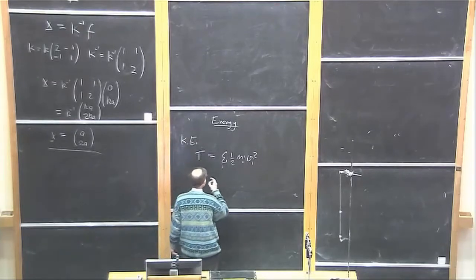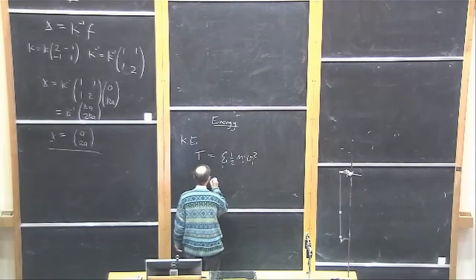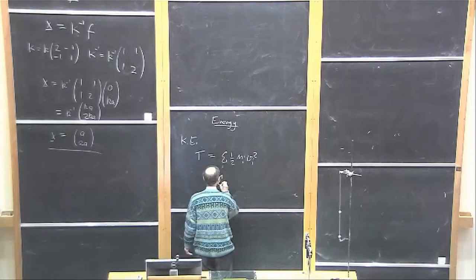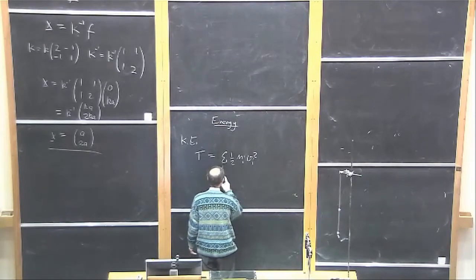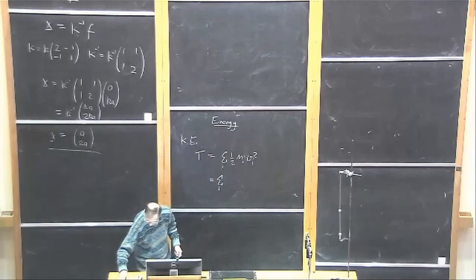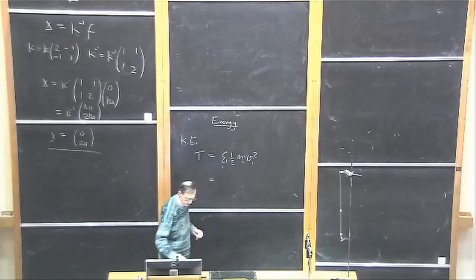So if we wanted to write that in terms of vectors, then we'd have to do something like 1/2 sigma over i. But this is a sum over particles. So if I do that summation with matrix algebra, I don't need the summation anymore.